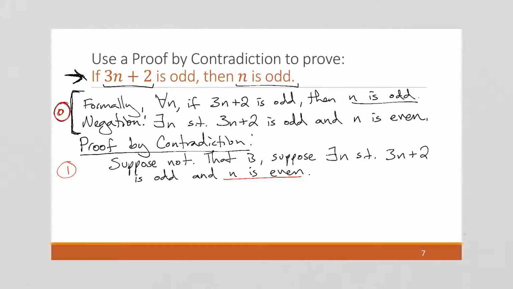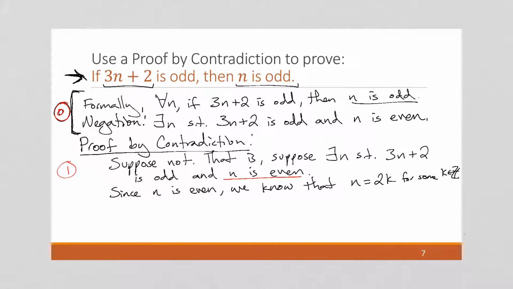What does that mean? Well, since n is even, we know that n equals 2 times k for some integer k. Right? That's by the definition of even.